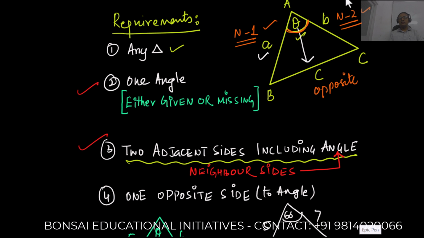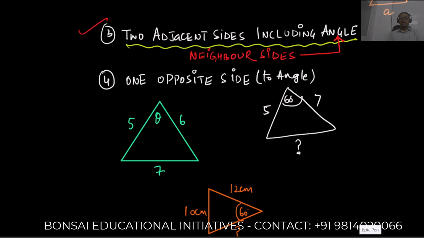So these four things all together make an equation. That equation is known as the cosine rule. Are you understanding, guys? If I take this triangle, this angle is given, and this is A, this is B, this is C. So this situation is very much suitable for the cosine rule. Okay, so how do we use the cosine rule?